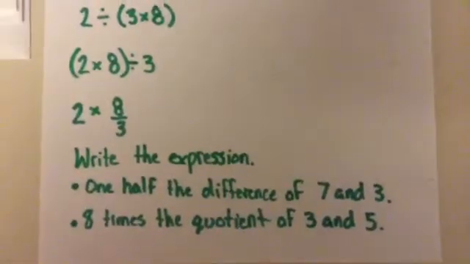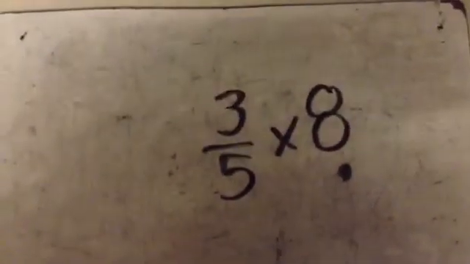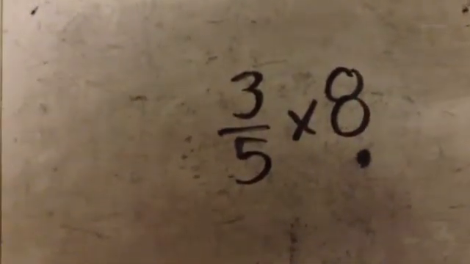So we're just going to write the quotient of 3 and 5, or 3 divided by 5, as a fraction. I want 8 times that amount, so times 8. Alright. Simple.